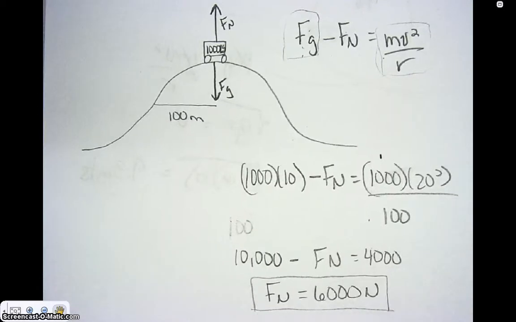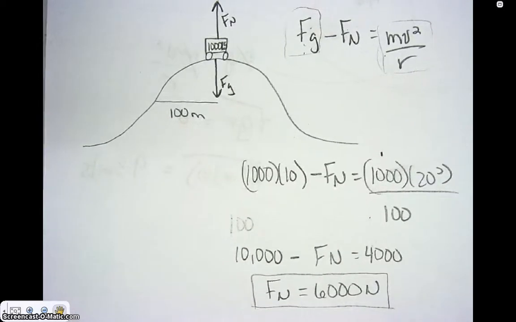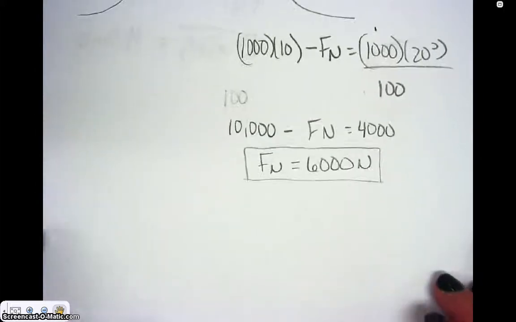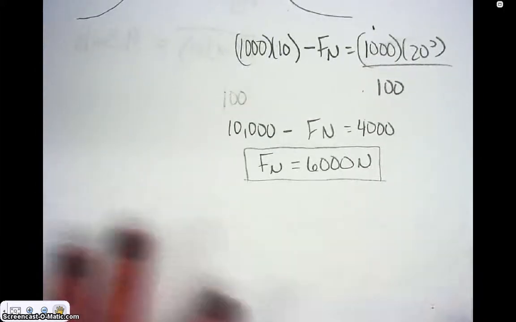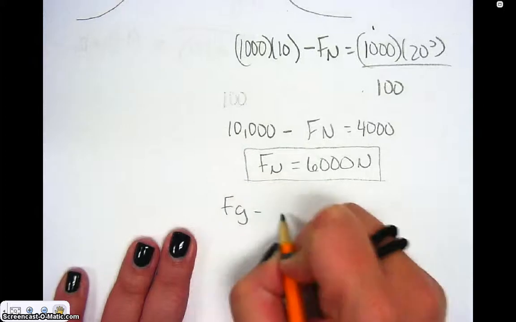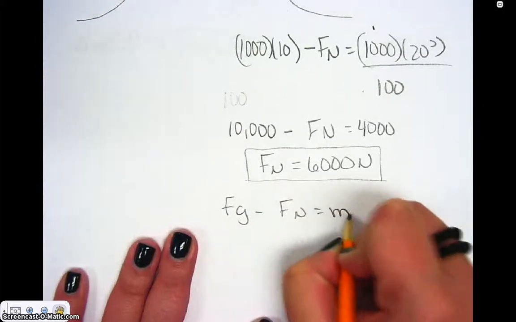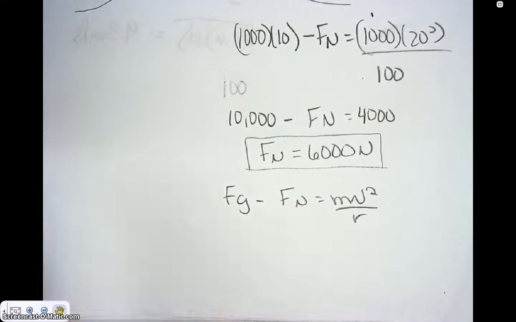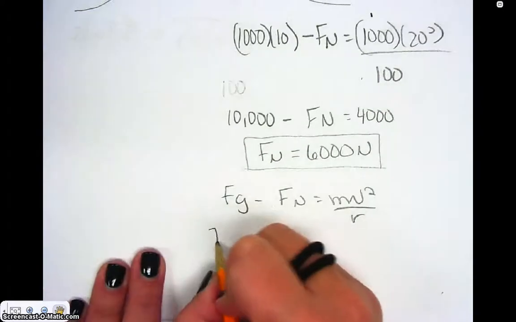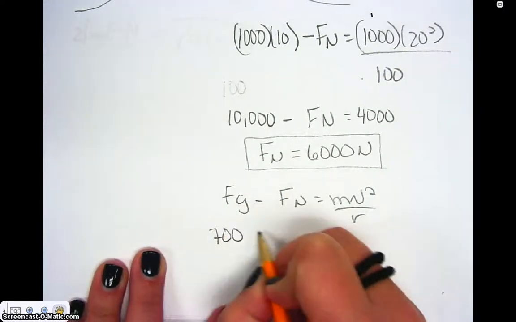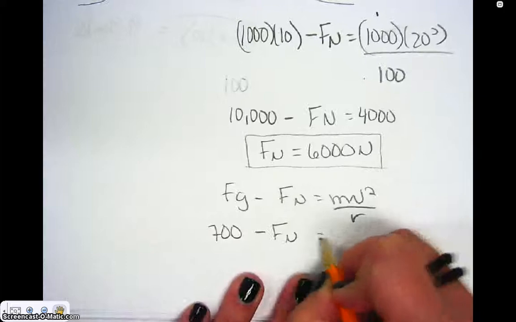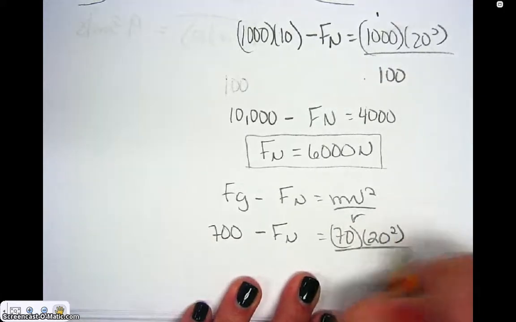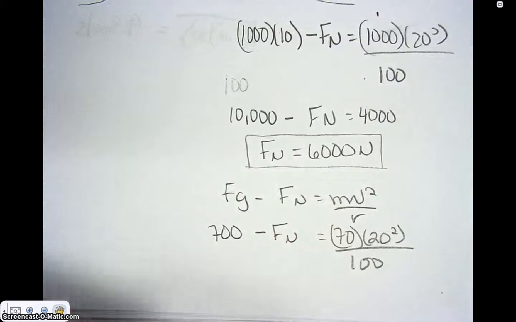Now the next part asks, what's the normal force on the person in the car? Again, same problem, same setup. You're going to have Fg minus Fn equals mv squared over r, and the only thing that's going to change this time is the mass. So we have 70 times 10, or 700, minus the normal force equal to 70 times 20 meters per second squared all over 100.